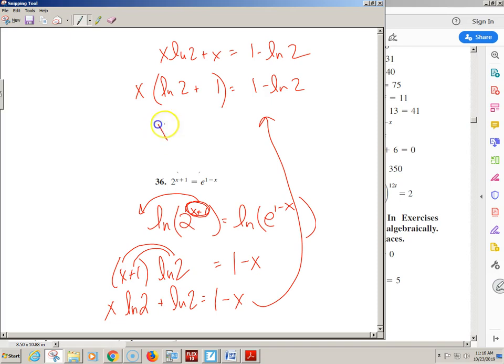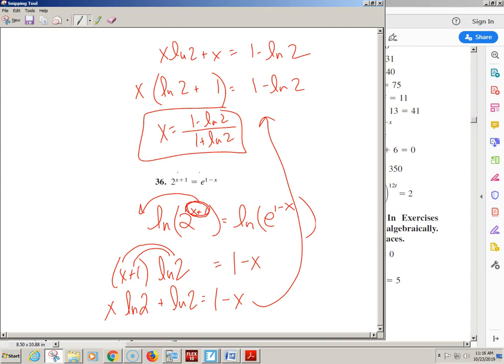Divide. 1 minus ln of 2. Now I'm going to write it the nice way so it's not confusing anymore. Now, if you're like, hey, the 1's go, the ln's of 2 go, and I have a minus over a plus. Ta-da! Makes no sense. Box it. You're done. No simplifying. Unless you want to take it to your calculator and check the decimal, but that is an accurate answer.